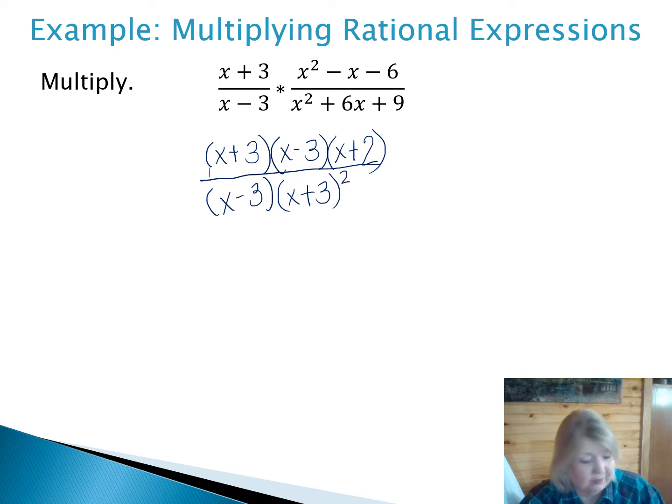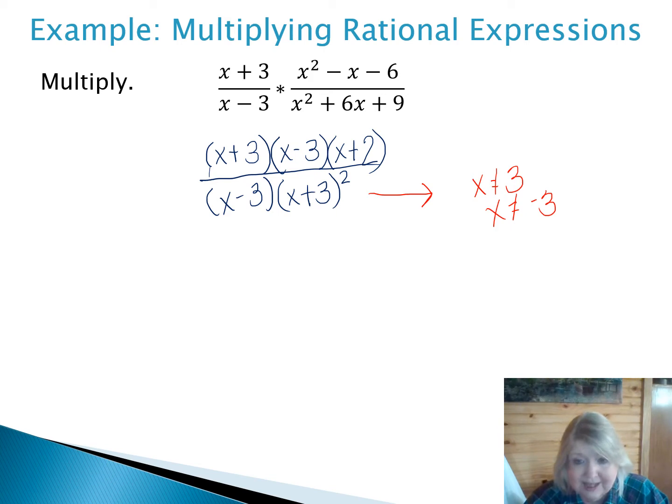Now that I have everything factored, let me get a red pen down here. I'm going to come out to the side and tell you x cannot be positive 3 because of that front parentheses, and x cannot be negative 3 because of the back parentheses. So I've got two exclusions that I have to remember to put in as part of my answer.